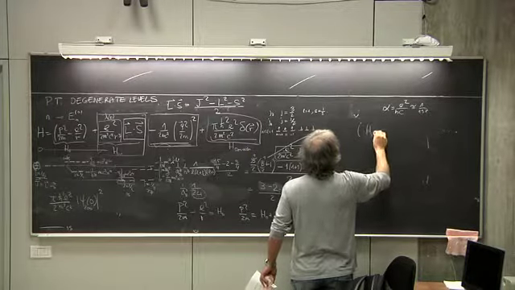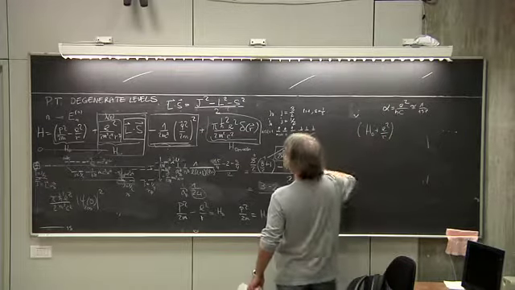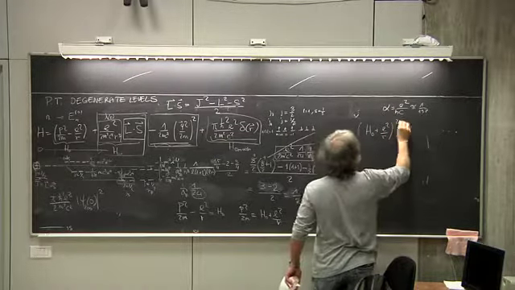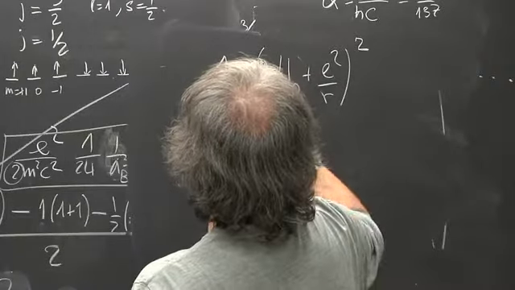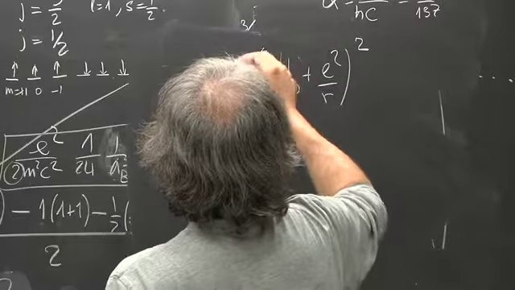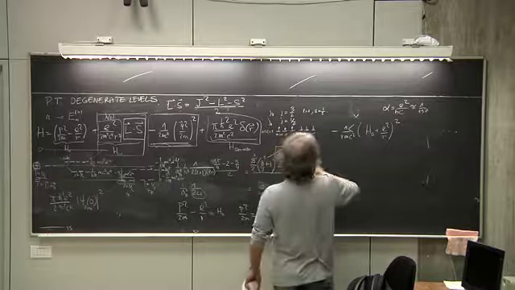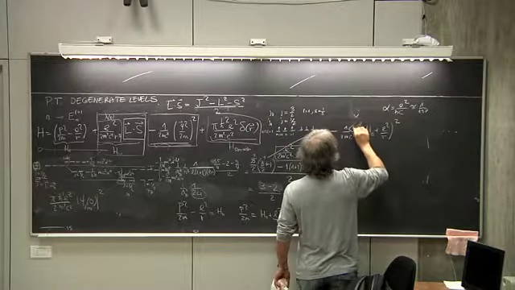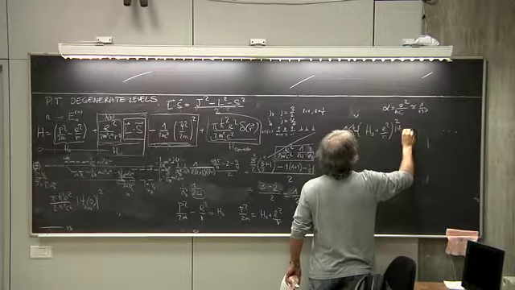You have h0 plus e squared over r, squared, then 1 over 2mc squared with the minus, and you have to take the matrix element of this between any states you want. For instance, psi n l m and psi n l m.